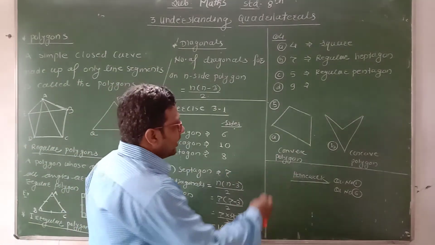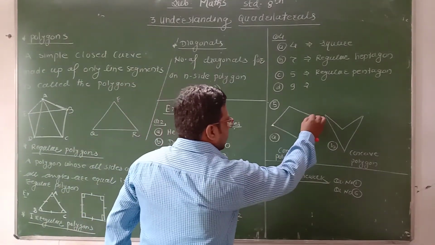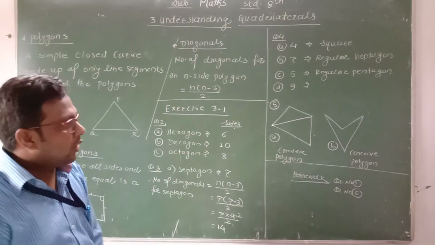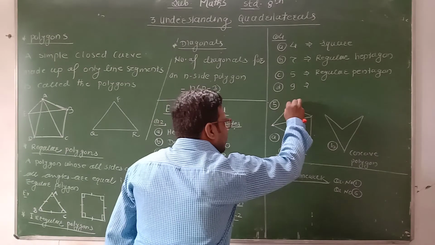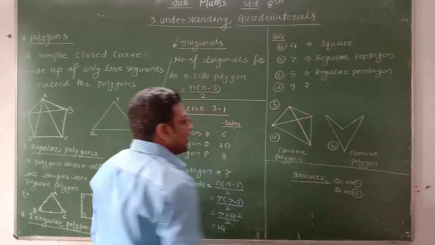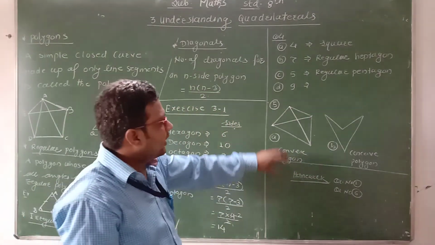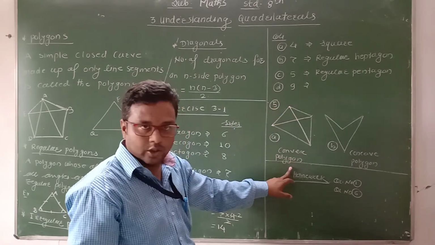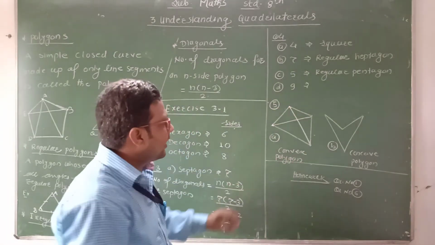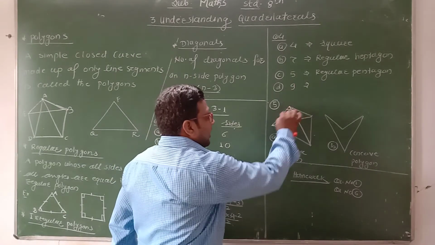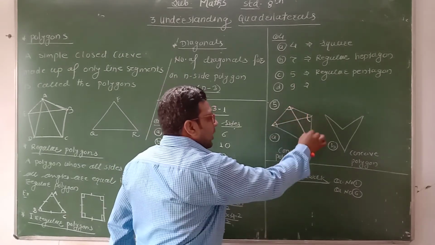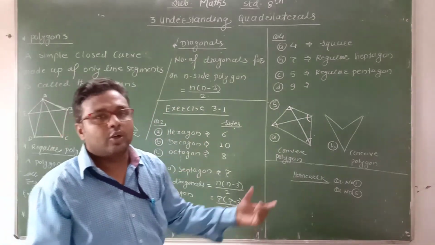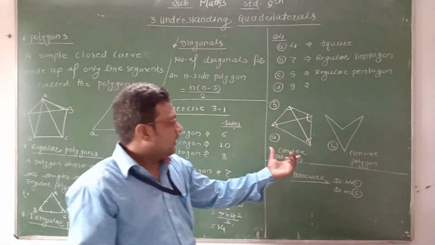Okay, for example, if you join any two vertices of the polygon, now this line segment is totally inside the polygon, then such polygons are called convex polygons. Or put another way, if every interior angle of the polygon is less than 180 degrees, then that polygon is called a convex polygon.